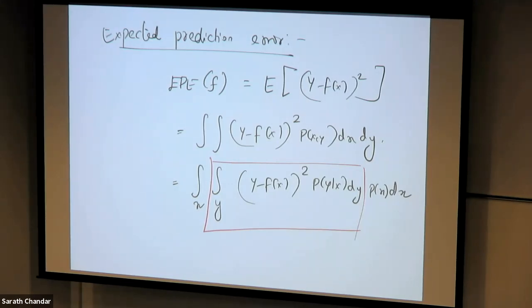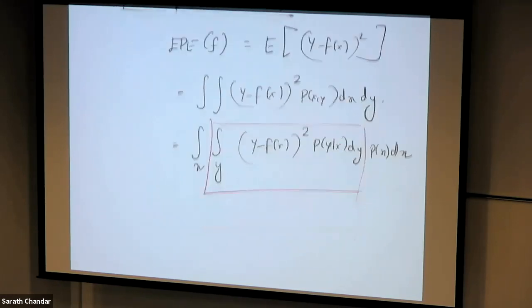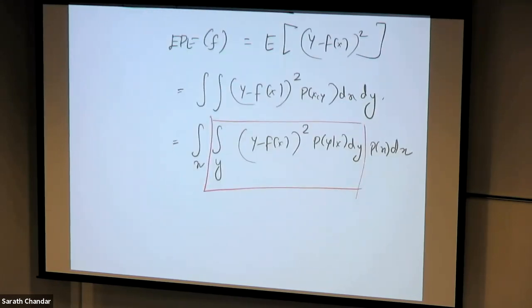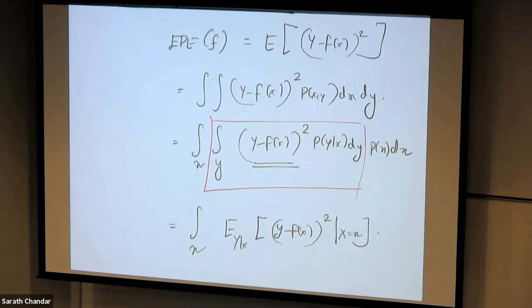Yes. So this is just the definition of expectation for continuous random variables. So this is basically the expected value of this term given my probability distribution is y given x. So the expected value of y minus f of x the whole square given x is equal to some x, p of x dx.